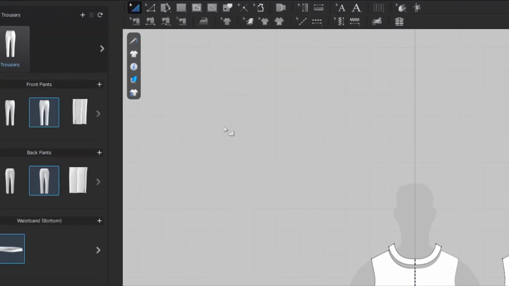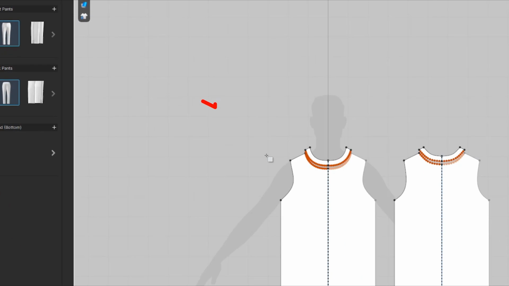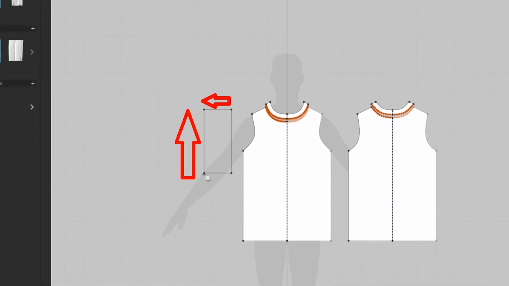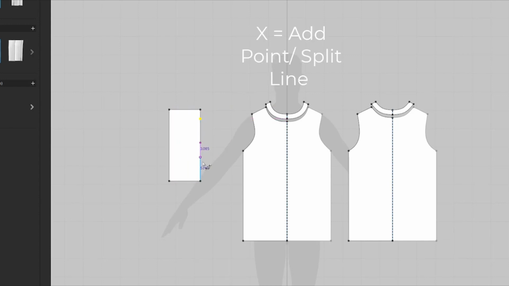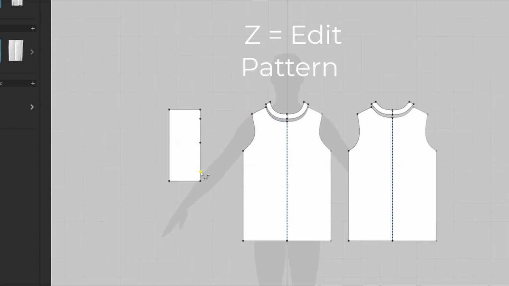Creating sleeves. Make a rectangle about 1.5 squares wide by 4 squares tall. Use the X tool to add points and the Z tool to adjust their position.